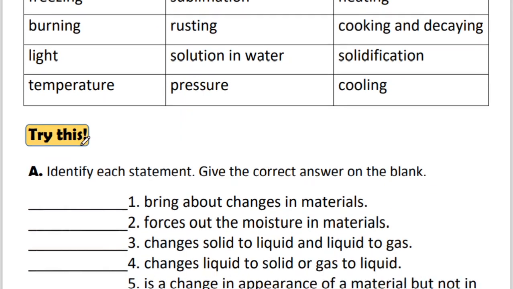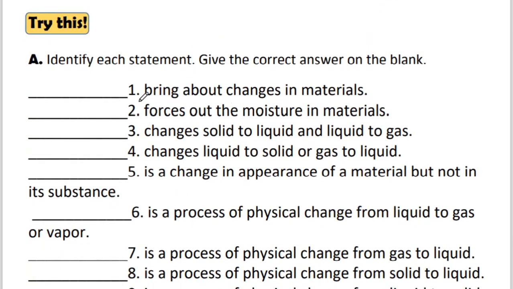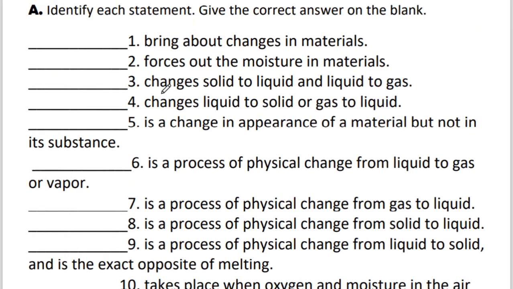Now let's try this activity. Activity A, identify each statement. Give the correct answer on the blank. We are going to read each statement, 1 up to 10, and understand them. All answers can be found in the previous page of our module.